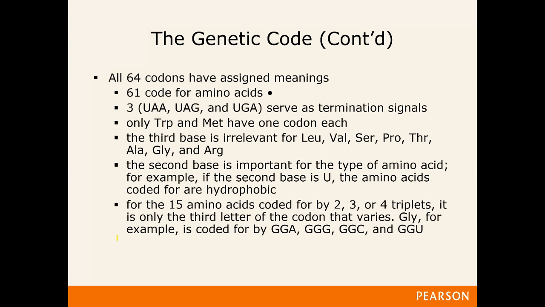If the second base is a U, the amino acids coded for are hydrophobic. And then there are 15 amino acids coded by 2, 3, or 4 triplets. It's only the third letter of the codon that varies. And so this allows for some flexibility in case there's an error. If there's an error in the message, it can allow for the same amino acid to be placed on the protein.